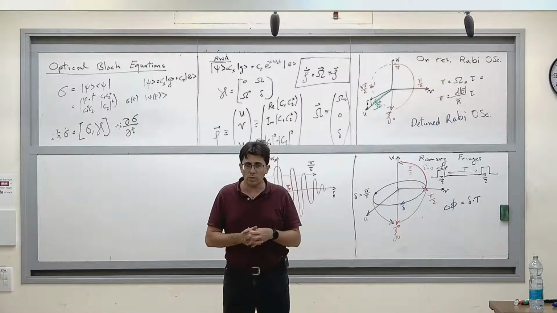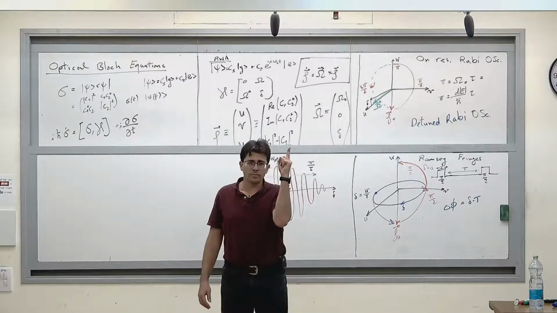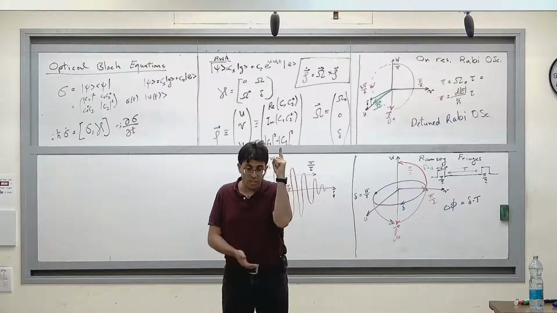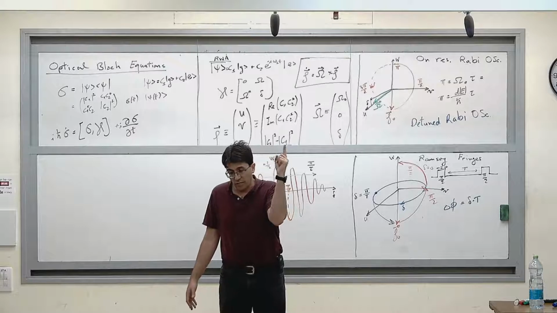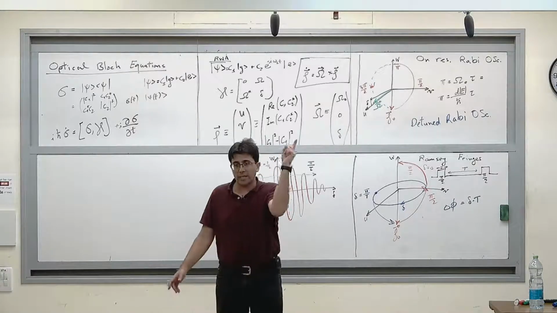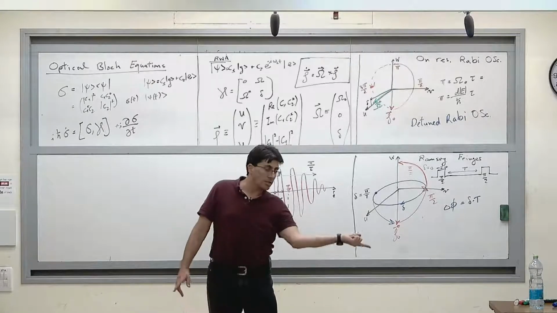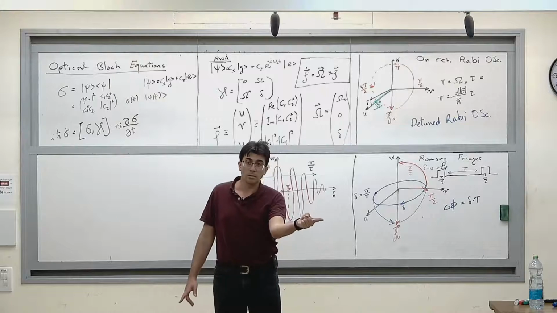For example, a pi pulse, what does it do? Well, we just said it takes this and takes it up. But actually, that's wrong. Well, of course, this is correct for this case, but this is a special case. The vector could be anywhere. If it is down, it will end up. If it is on this place, it will end up here. If it is here, it will end up there.